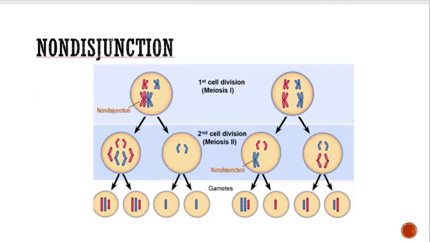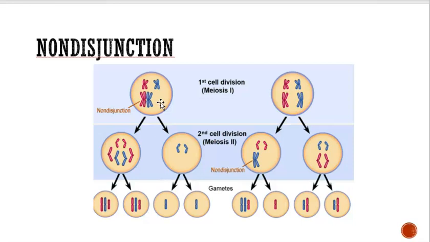All right, one other thing that we want to talk about is what's called nondisjunction. We've been talking about inheritance and how alleles are segregated out into the respective daughter cells. We talked about this with the law of independent assortment, right?